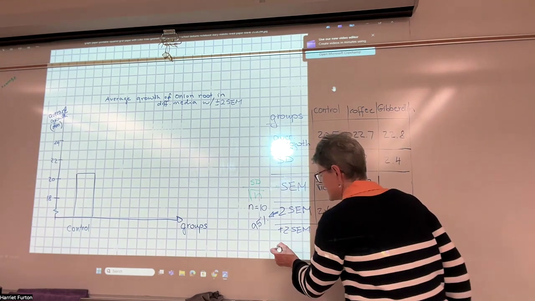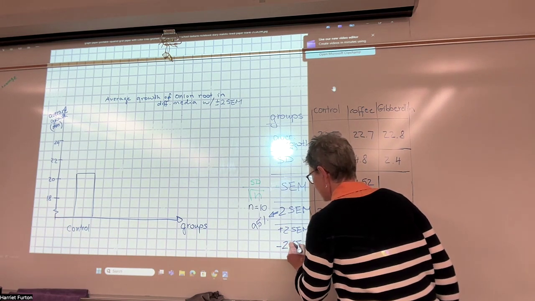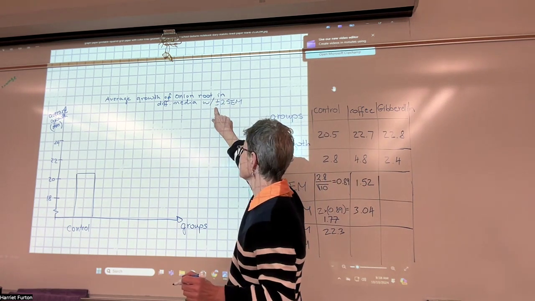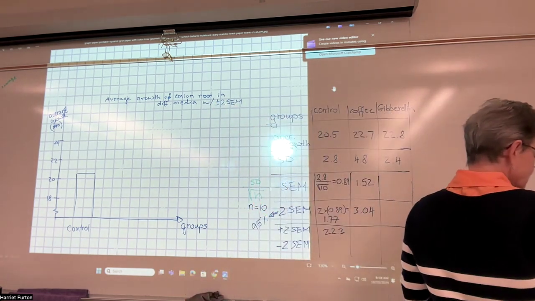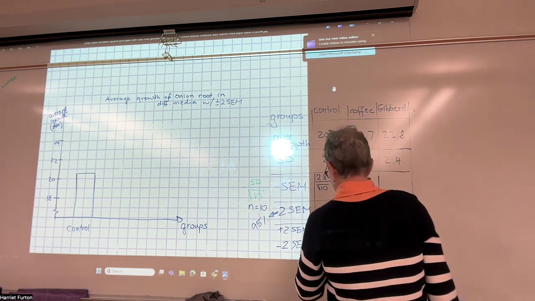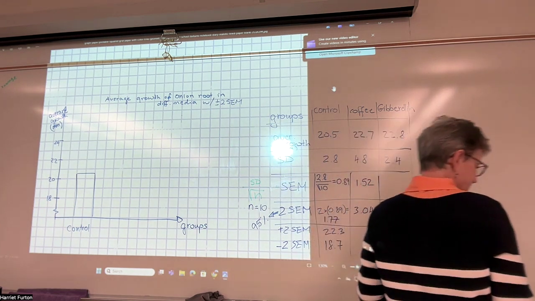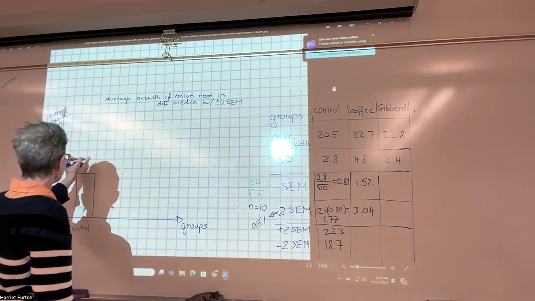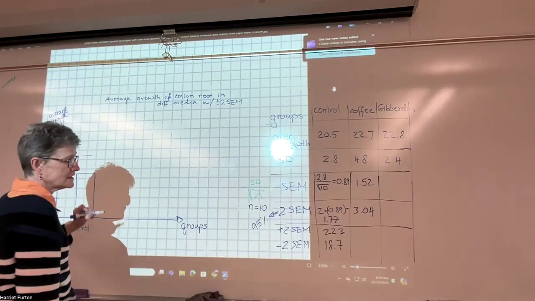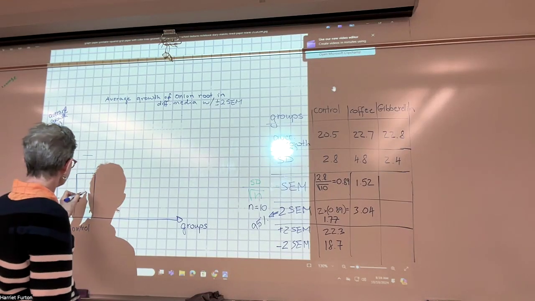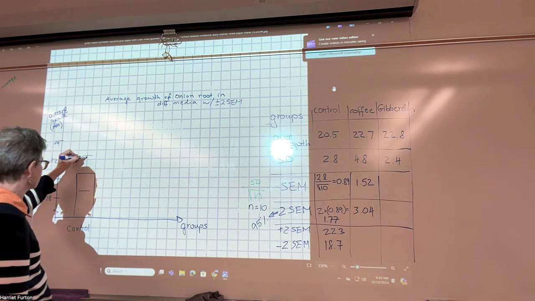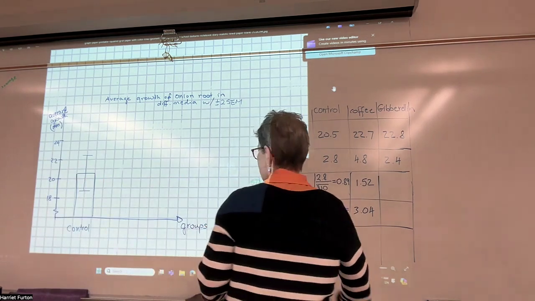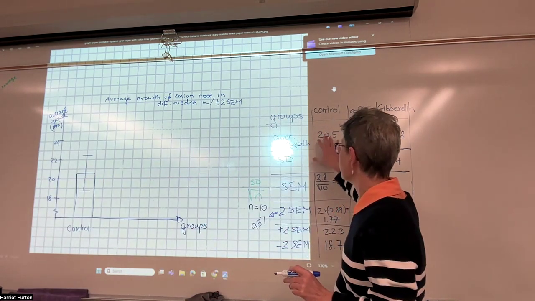And I will also subtract 2 SEM from the mean. The minus 2 SEM will give me a value of 18.7. Now let's graph that. 22.3 is here somewhere, and 18.7 is here somewhere. We can connect the two lines, and this will be the error bar for the control group.